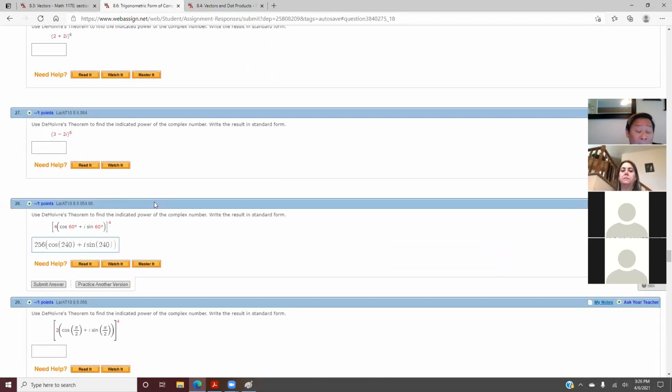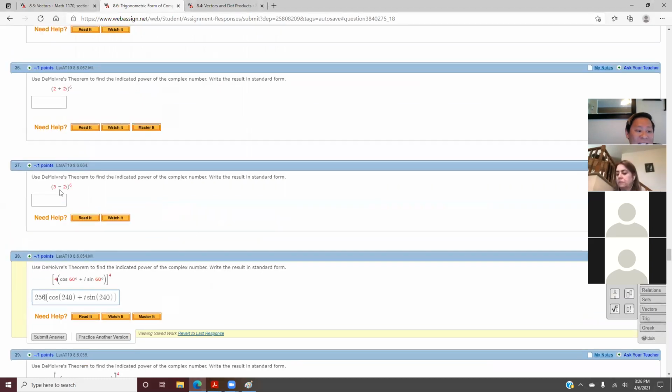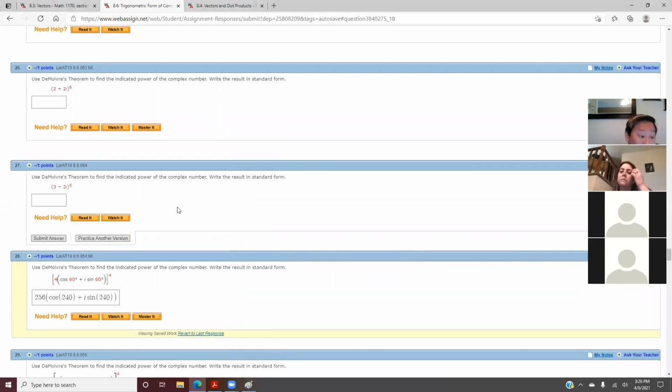It's very easy applying this theorem. The only downfall is you can only apply this theorem in trigonometric form. So if your question is in complex form, you have to change it into trig form using the formula I showed you early on: the square root of a squared plus b squared, and tangent theta is b over a.